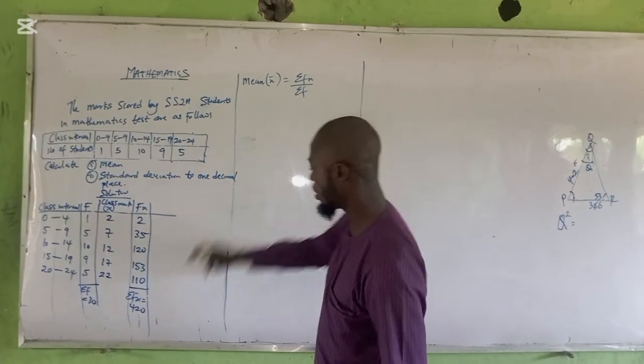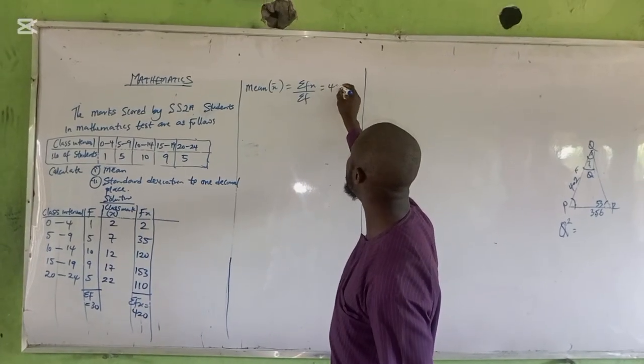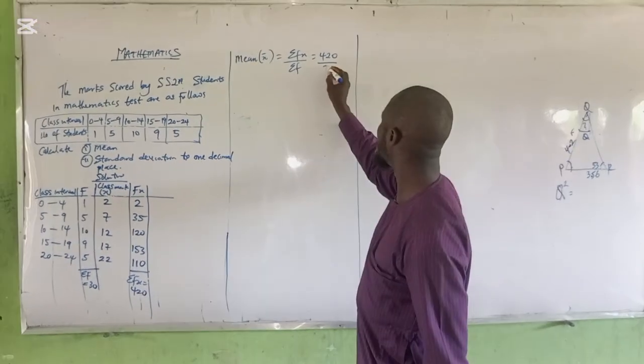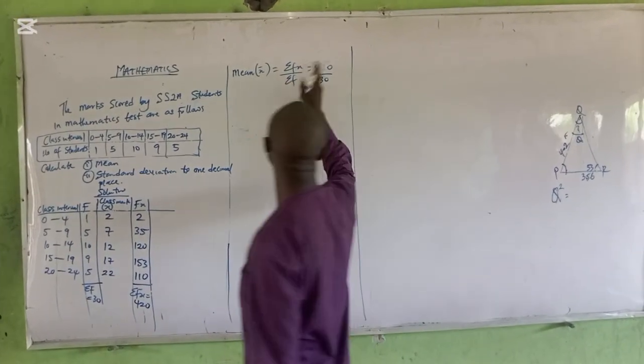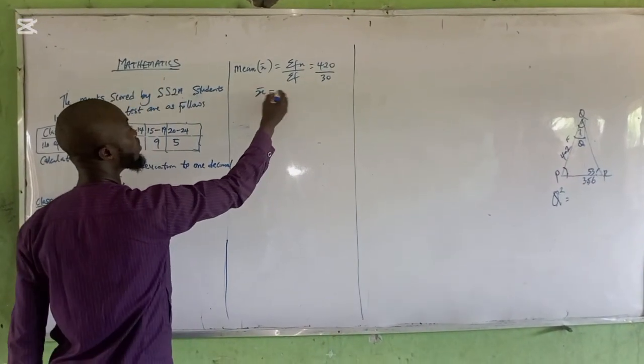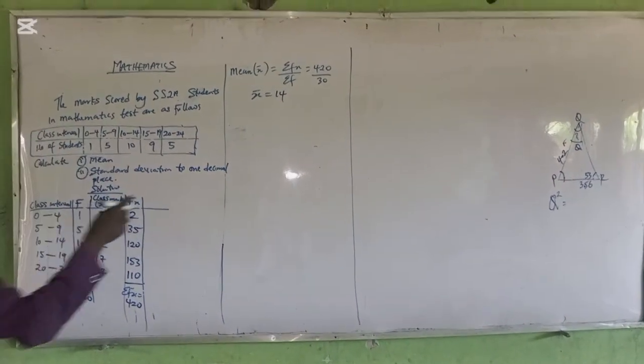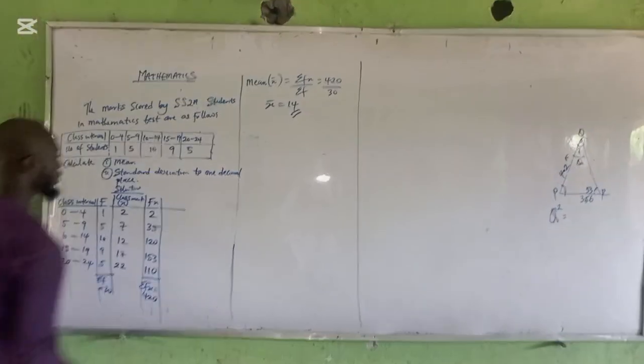The value here is 420, divided by the sum of all the frequency, which is 30. So 420 divided by 30, we have x bar equals 14. This is the final answer for the mean: x bar equals 14.